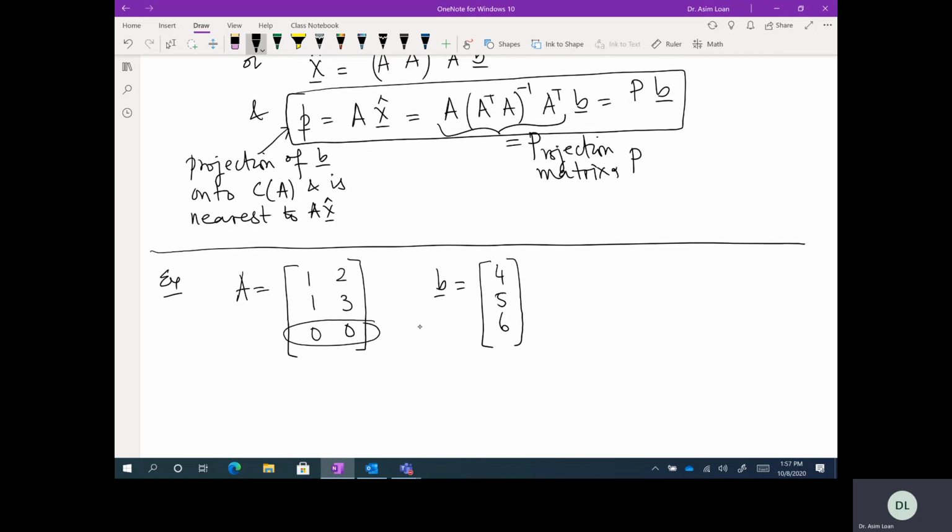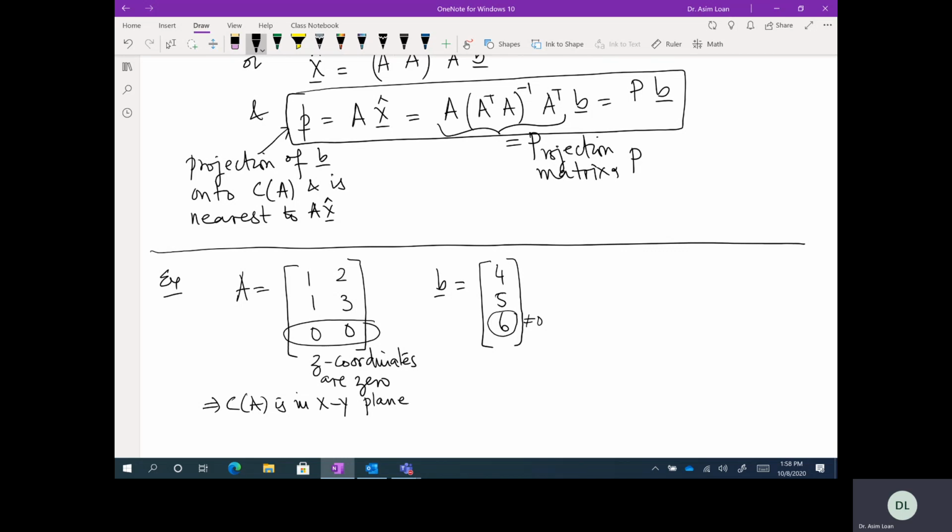If the z coordinates are 0, obviously B is not in the column space, because its z coordinate is not equal to 0. So this implies we are in the xy plane, so the column space is in the xy plane.